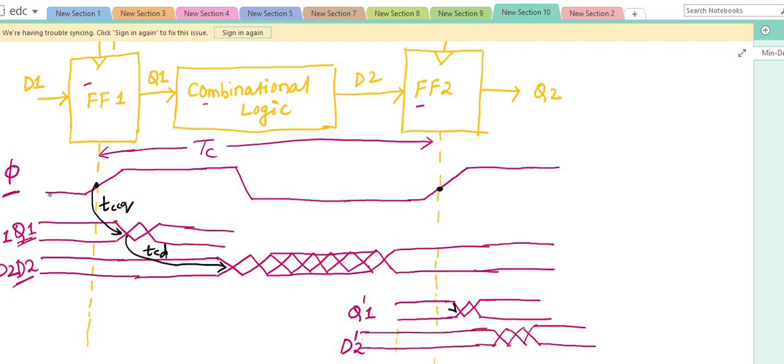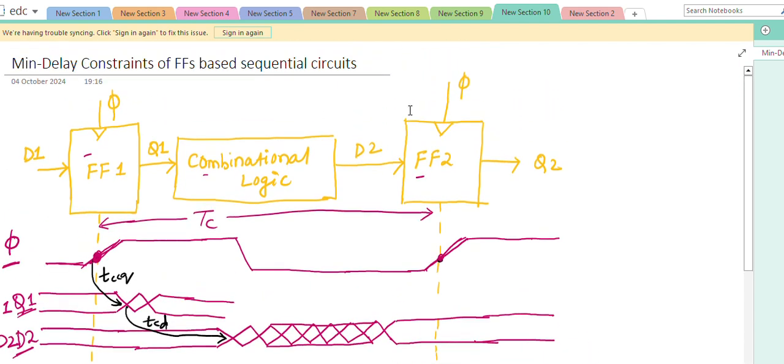Now this is your clock signal. This is one active edge, or positive edge, where the flip-flop will be active. Another positive edge comes here, where the flip-flop will also be active. Remember that the clock signal phi is connected to both, flip-flop 1 and flip-flop 2, the same clock signal.